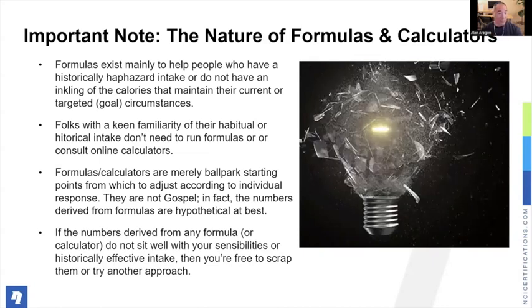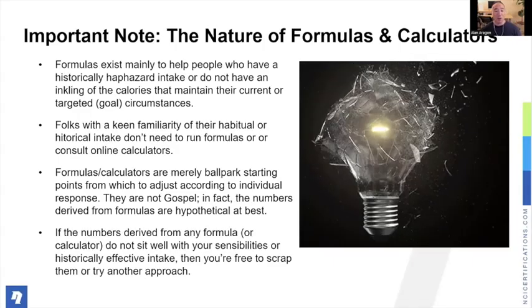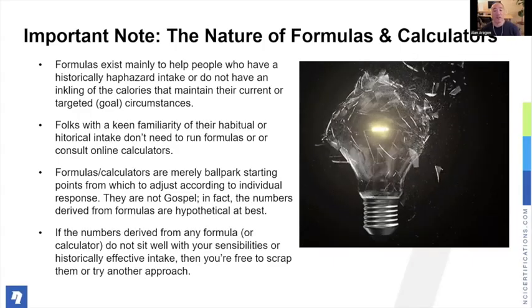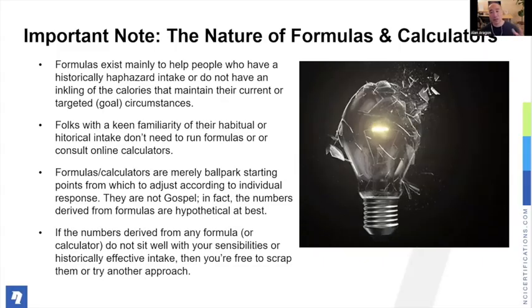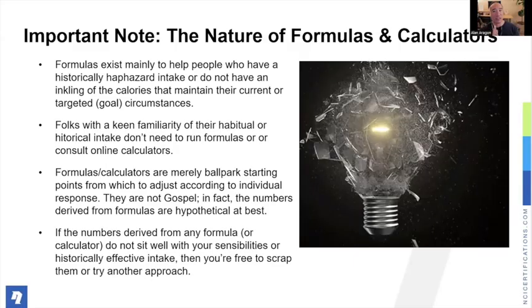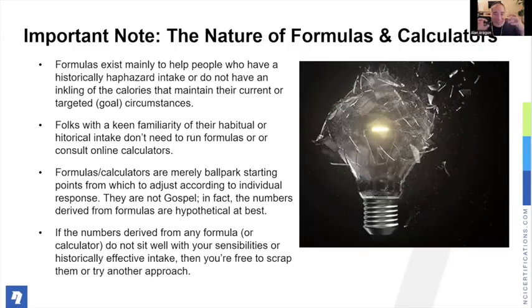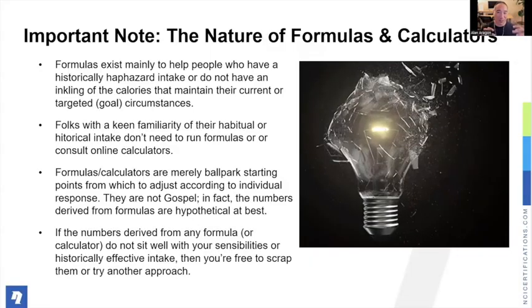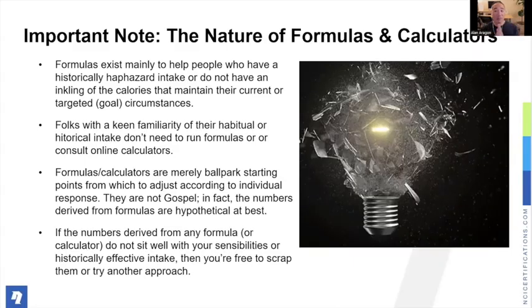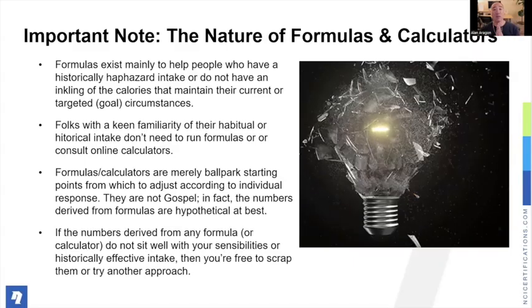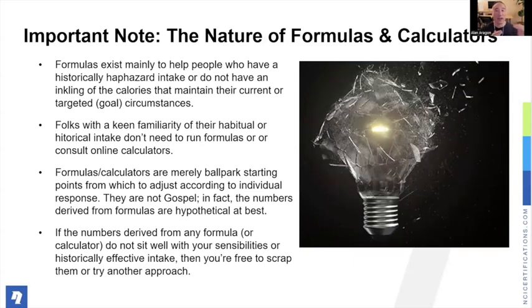So if the numbers derived from any formula or calculator do not sit well with your sensibilities or historically effective intake, then of course you're free to scrap them and try a more hands-on approach, where you find out what your maintenance needs are by grassroots journaling, tracking specifics for 1 to 2 weeks as accurately as you can, and then take it from there, depending on whether you're going to increase, decrease, or keep your energy output the same.